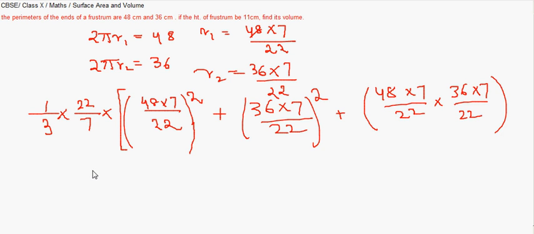If we solve the whole thing, we'll get 1554 cubic centimeter.